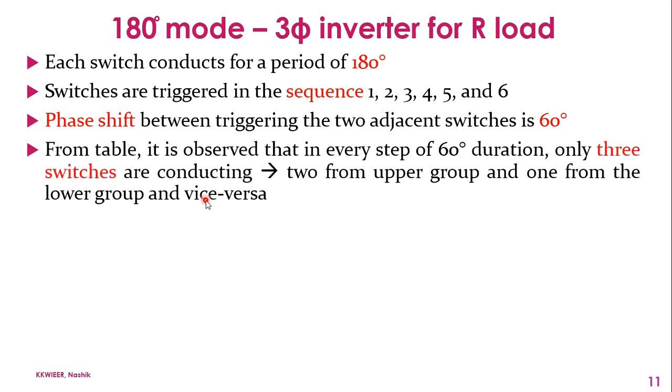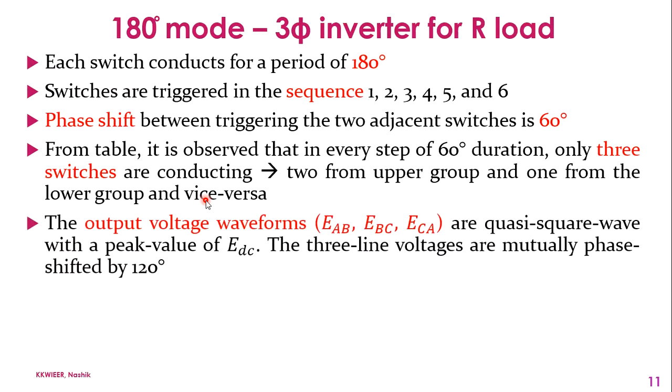From this table, it is observed that in every step of 60 degree duration, only 3 switches are conducting, as we have seen: 2 from the upper group and 1 from the lower group, or 2 from the lower group and 1 from the upper group. The output voltage waveforms EAB, EBC and ECA are quasi-square waves with a peak value of EDC.